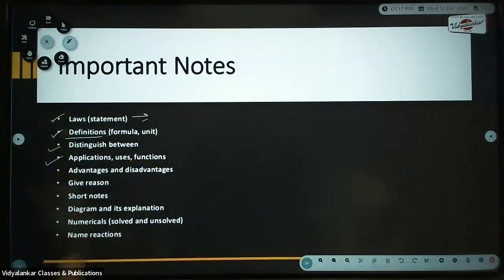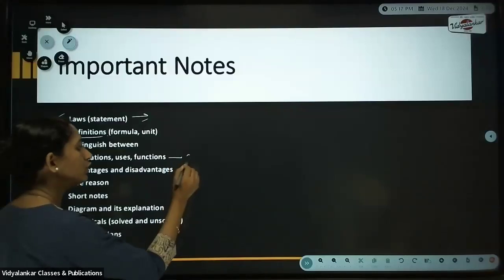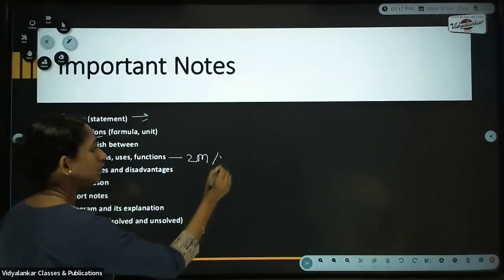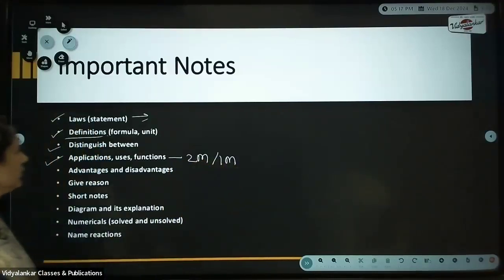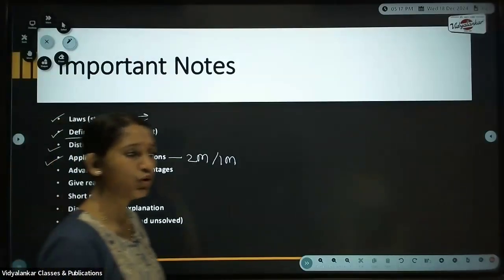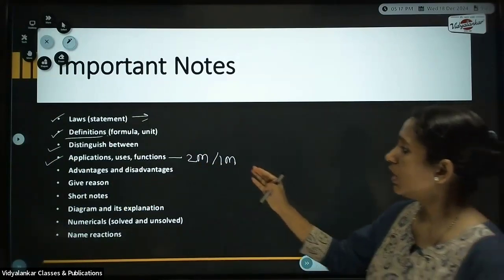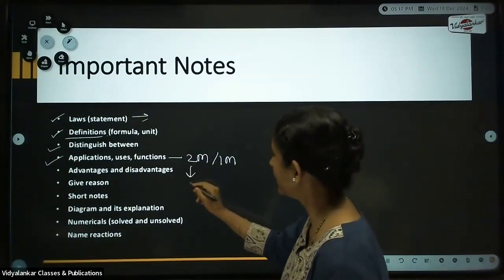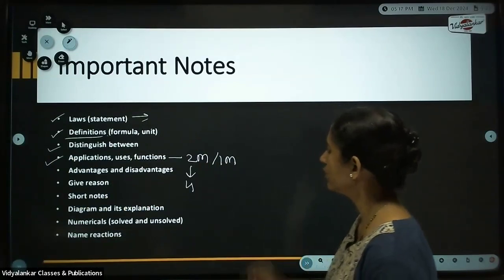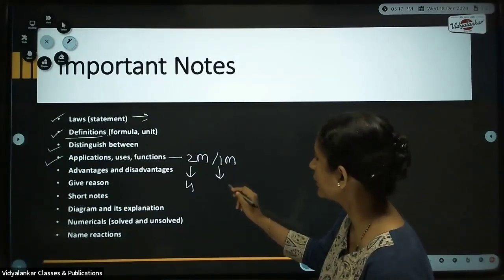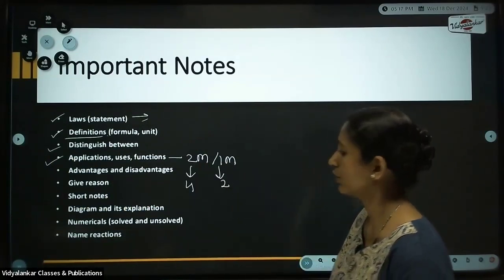Now this question generally comes for 2 marks or 1 mark. If you are asked to write applications, uses or functions, for a 2 mark question you are expected to write at least 4 points, and for 1 mark at least 2 points.